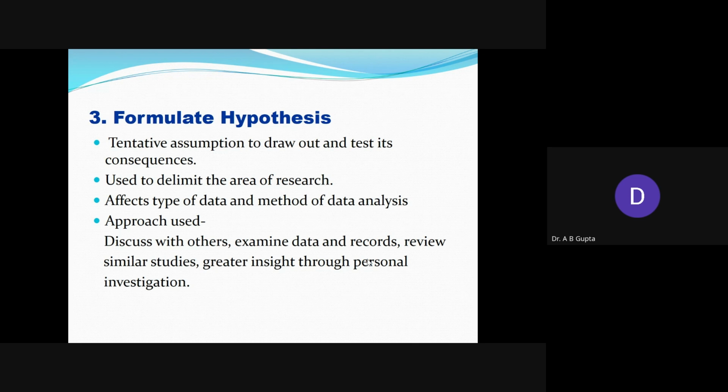Okay, then the third step is formulate the hypothesis. Okay, very important when you are undertaking research studies in the field of social sciences, in the field of education, in the field of psychology. You need to formulate a hypothesis. Again, we'll give more time to this, how to formulate the hypothesis.